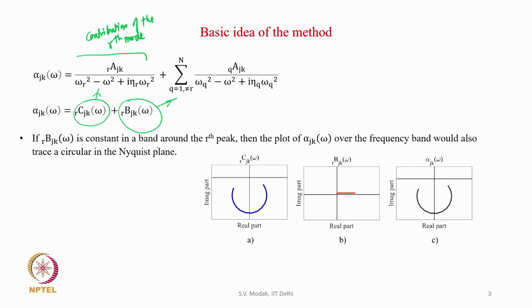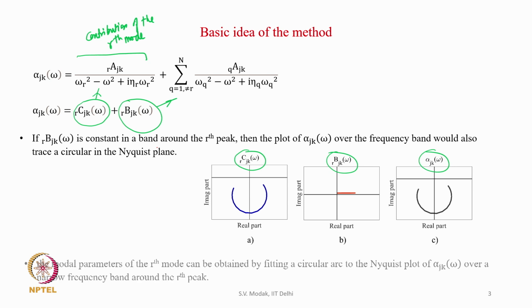So, for a typical system, you can see plots of rCjk, rBjk and alpha jk are shown. rCjk is supposed to be a perfect circle or perfect circular arc as we see from here. Now, rBjk, which is the contribution of all the modes other than the rth mode, we see that the contribution is not large in the narrow frequency band, and therefore, the plot of alpha jk in the Nyquist plane also almost looks like a circular arc, that is, the deviation from the circular arc is very small because rBjk is small in the narrow frequency range.